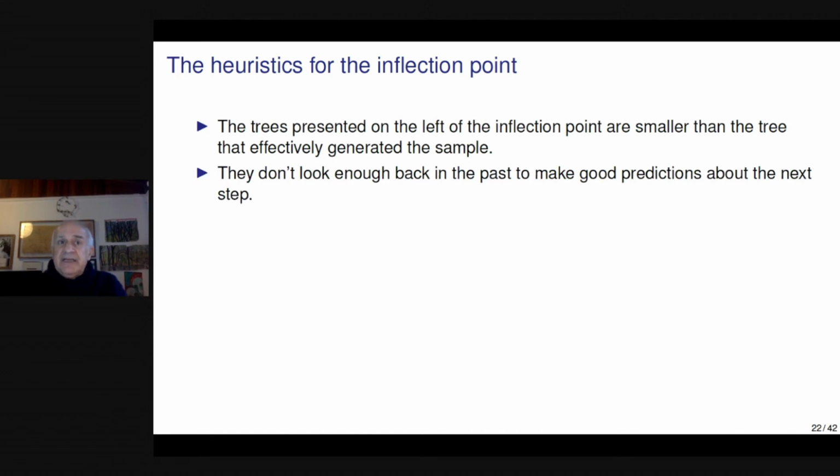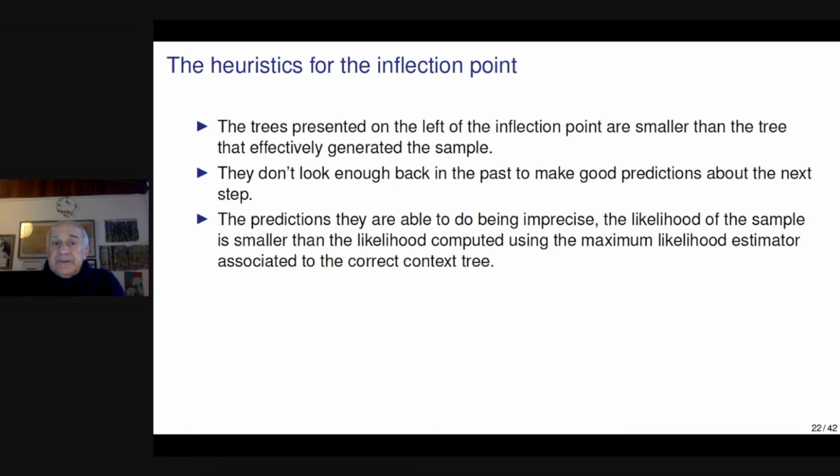This means that they don't look far enough back in the past to make good predictions about the next step, because they don't have all the branches which are required. They are smaller. So the predictions they are able to make are imprecise, and therefore the likelihood of the sample should be smaller than the likelihood computed using the maximum likelihood estimator associated to the correct context tree.